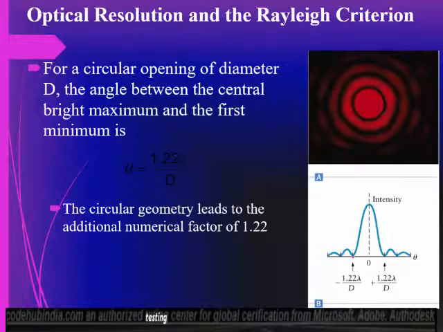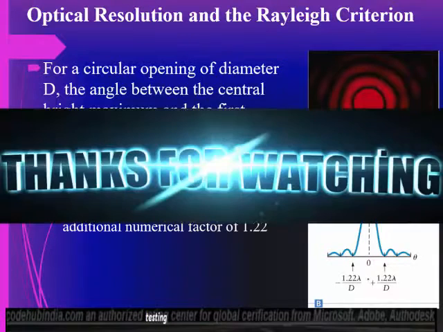First minimum, that is 1.22. This theta value is 1.22 lambda by d.